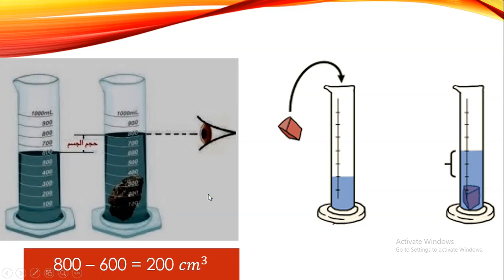So the volume of the rock is 800 minus 600, which equals 200 cubic centimeters, because 1 milliliter equals 1 cubic centimeter.